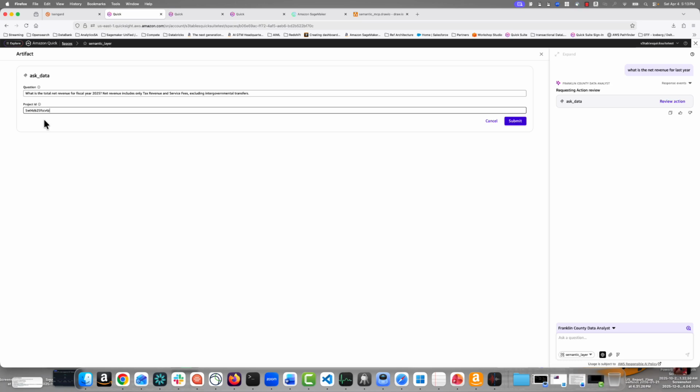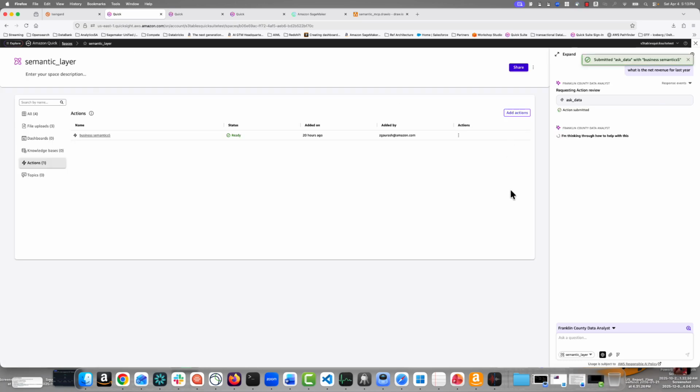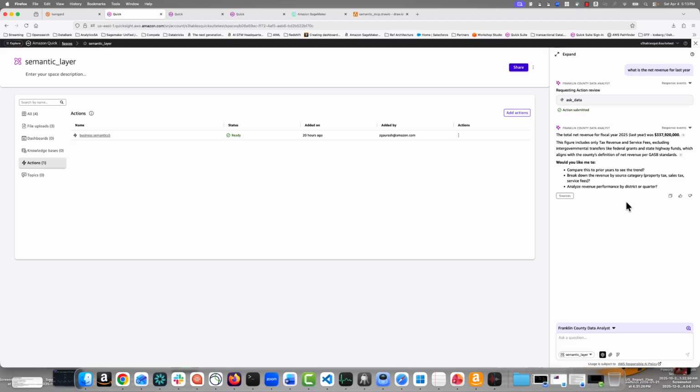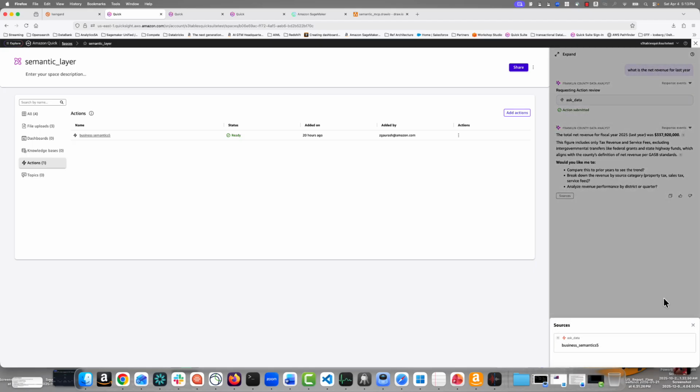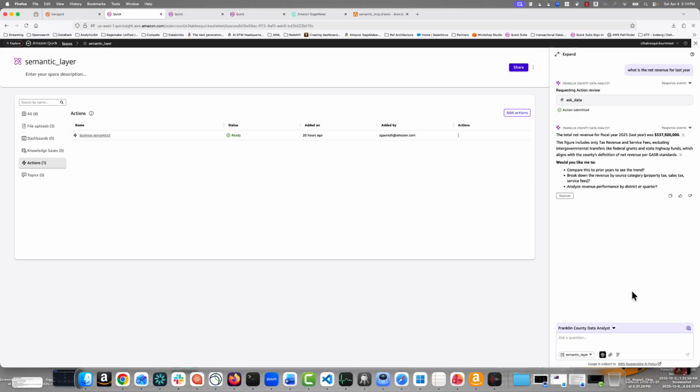So I'll give the correct project ID here because I'm part of multiple projects, which is generally not the case. Okay, it's taking some time. All right, we got the results, total net revenue for the fiscal year, and let's see the sources. The source is our MCP server, right? So it got it from our Unified Studio project assets.